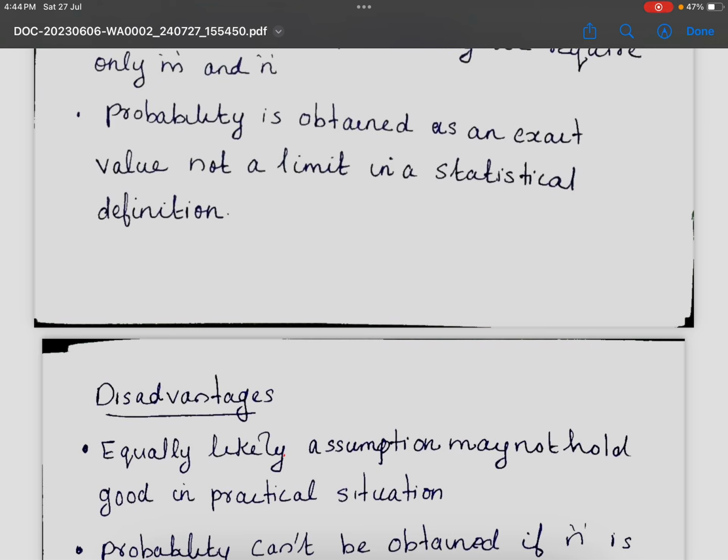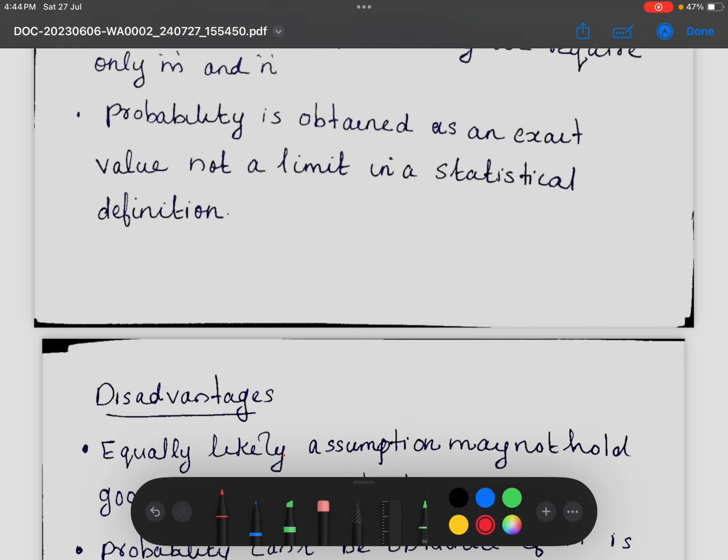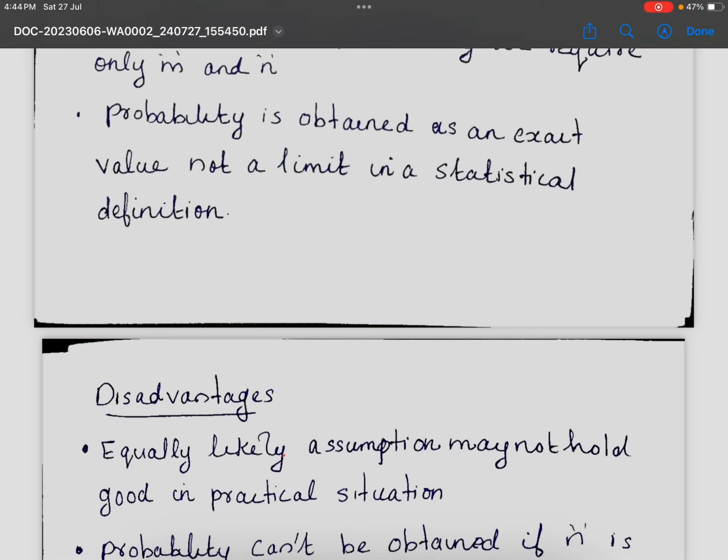And the disadvantage is that the equally likely assumption may not hold good in practical situations. What do we mean by the equally likely assumption? It means that each outcome of an experiment occurs with equal probability.